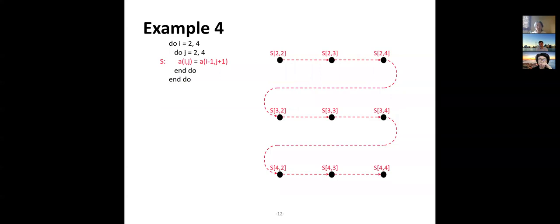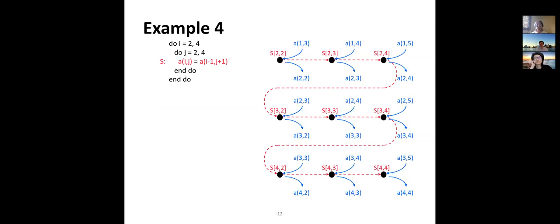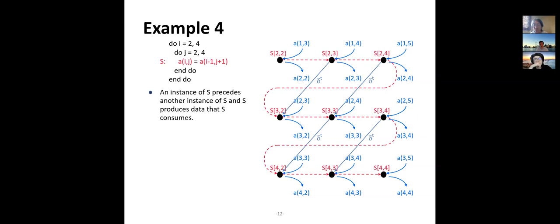So things can get even more complicated if we go into 2 dimensions, right? So here i and j can change independently, and this is what you consume, this is what you produce, and here are our dependencies, right? In 2 dimensions. So you can use the same principles as before. In this case, S can be both source and sink, right? It produces and consumes. And these are loop carried dependencies.